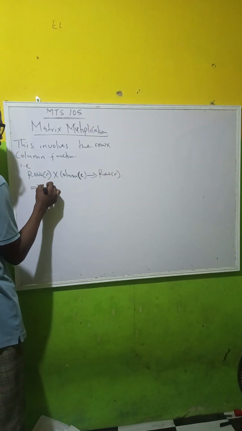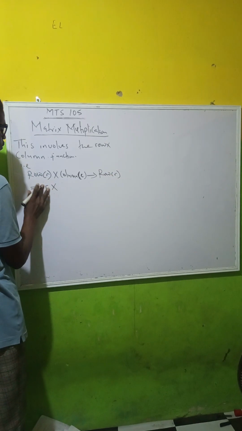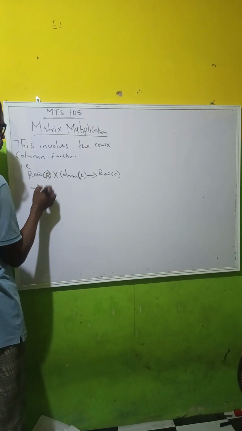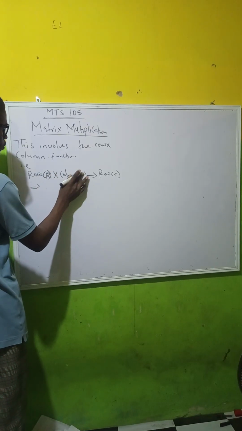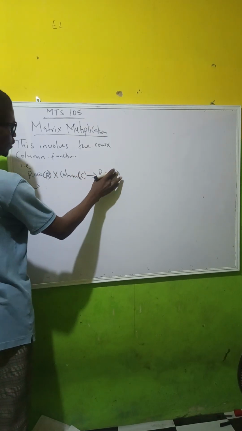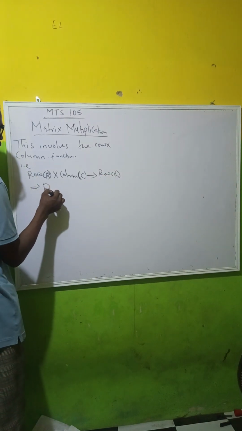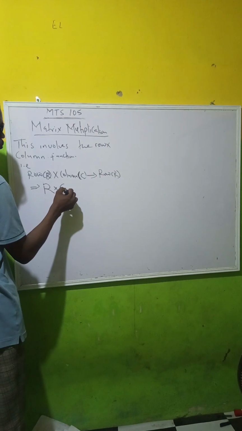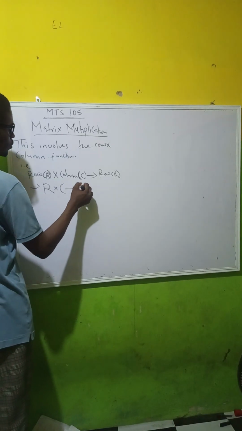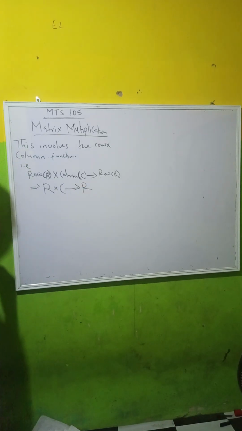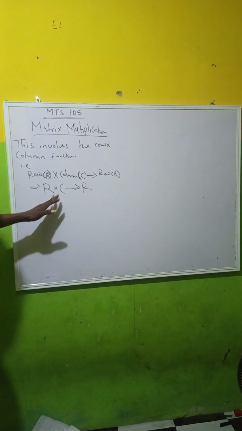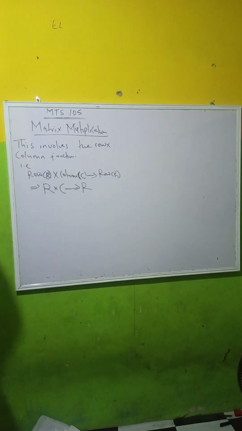Let this row be capital letter R and this one be capital letter C. If you have row multiplied by column, it's going to give you row. That's the logic: row times column will give you row.